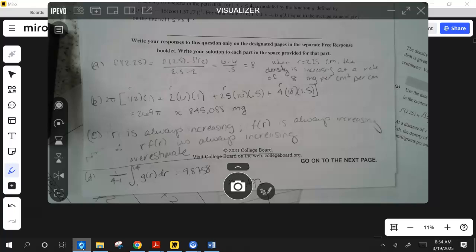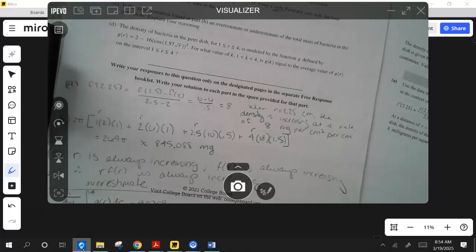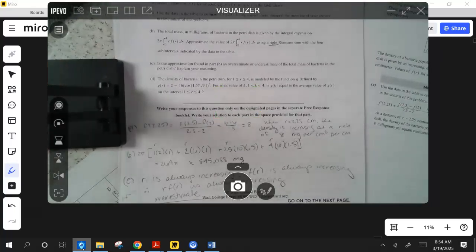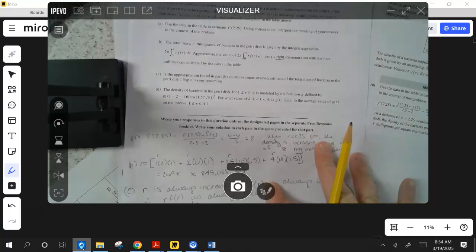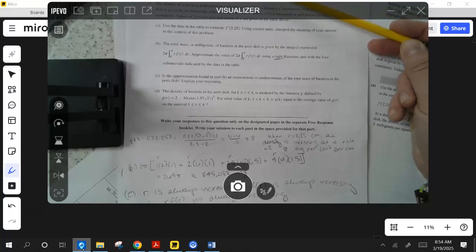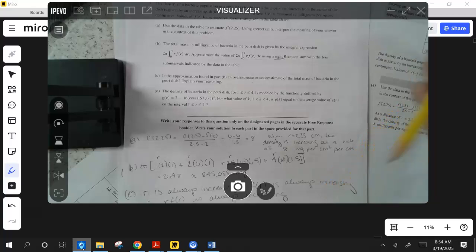Are you kidding me? All right, listen. So it said... Oh, I don't see any units on that. I don't see units. No, that included the units. No units. Oh, you don't get the point. Oh, no. Do you even know the unit? It should be centimeters per milligrams per square centimeter.